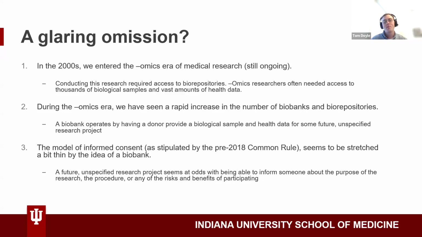You need to know about the procedure, the purpose, the risks and the benefits. If you're signing up for a biobank, your sample could be used for a research project that hasn't even been thought of yet. So it seems like there is a tension between informed consent and the concept of biobanking, or the concept of using samples collected for secondary unspecified research usage.